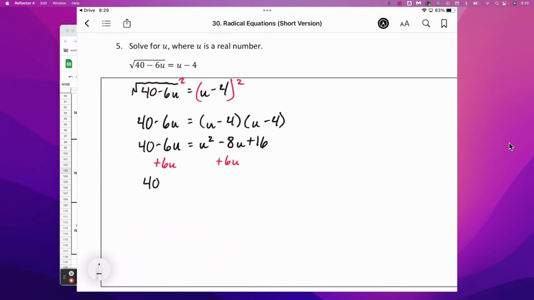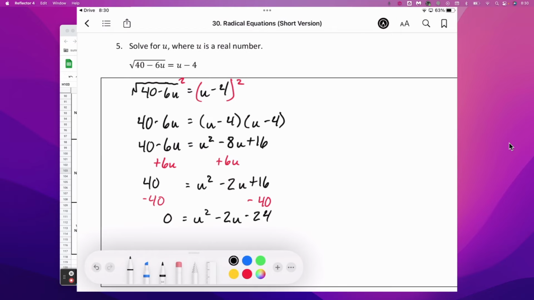We get 40 is equal to u squared minus 2u plus 16. We're going to go ahead and subtract the 40. And we get 0 is equal to u squared minus 2u minus 24.